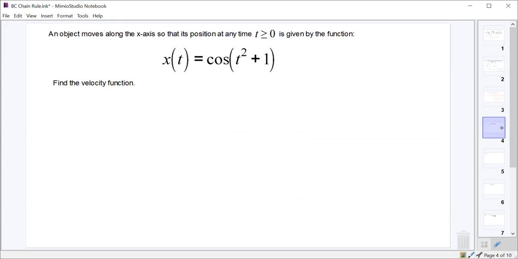We haven't talked about this, but you should know that the derivative of a position function is a velocity function. So if we wanted to find the velocity function given the position function x of t is cosine of t squared plus 1, all we'd have to do would be to take the derivative of cosine of t squared plus 1. And how do we do that?